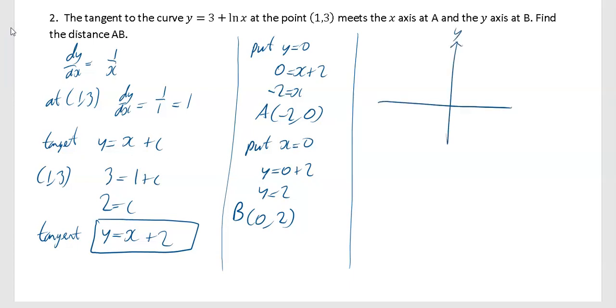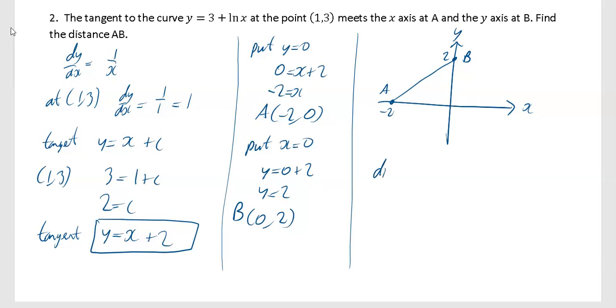There's your y-axis, there's your x-axis. Your point A was here, so that was minus 2, that was your point A. And your point B is over here, and that was 2. So we could find the distance between A and B just using Pythagoras here.